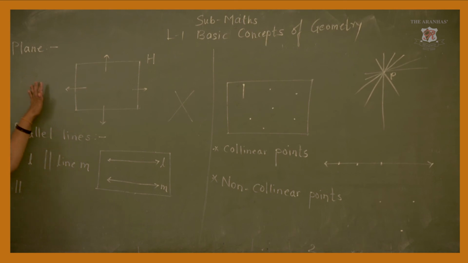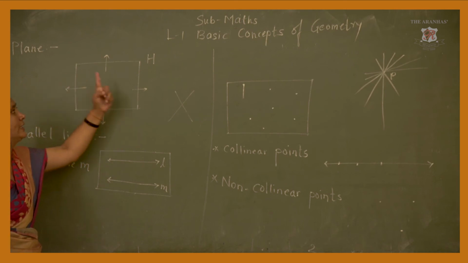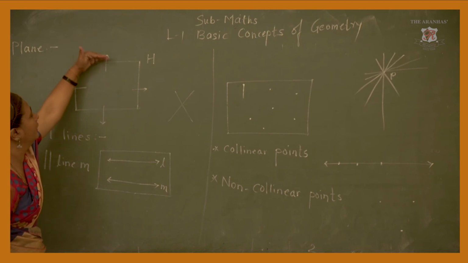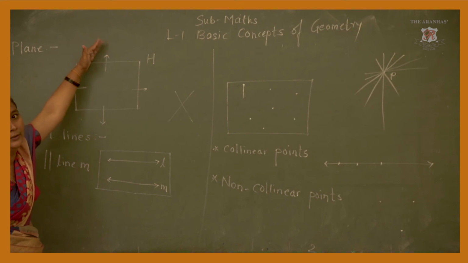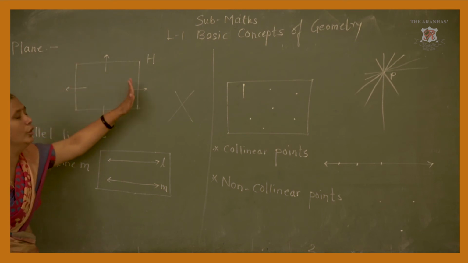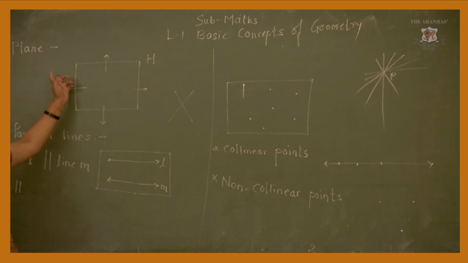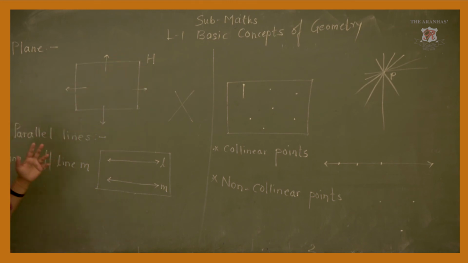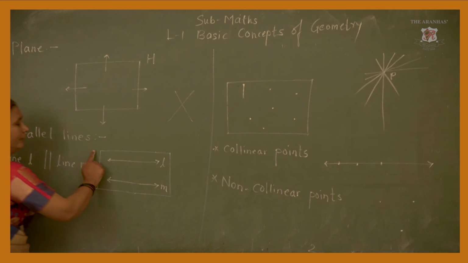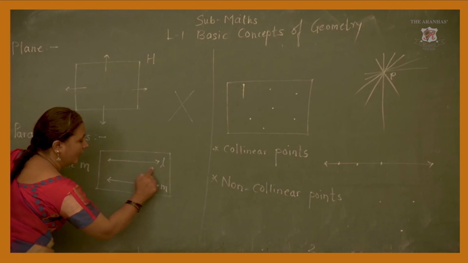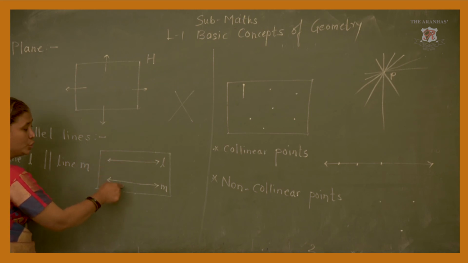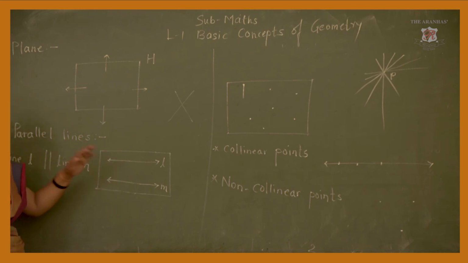Plane means what? In mathematics, a flat surface is called a plane. It is infinitely extended in all four directions, and it is denoted by the capital letter H. And parallel lines: when two lines are drawn in the same plane and do not intersect each other, they are called parallel lines.